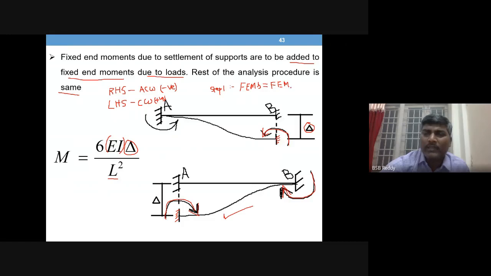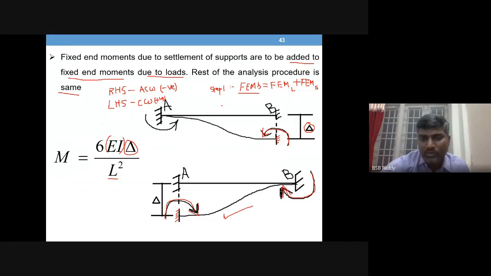I just give a suffix L. Similarly, you add or deduct, according to their sign convention, the fixed end moments due to sinking, and you get the final fixed end moments. That is the only change in the procedure. The rest of the analysis is the same.